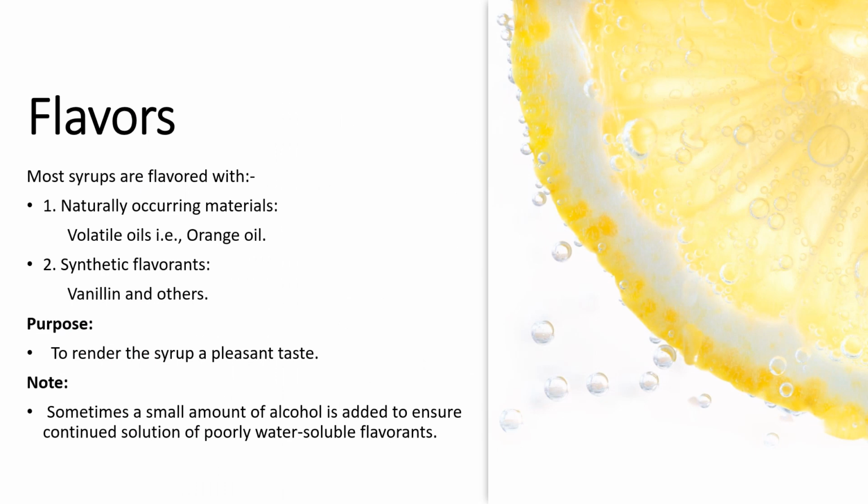So what are flavorants in a syrup? Mostly the syrups are flavored with two methods: naturally occurring materials that include volatile oils, for example orange oil, and synthetic flavorants that include vanilla and others like this. The purpose of adding flavorants is to give a pleasant taste.